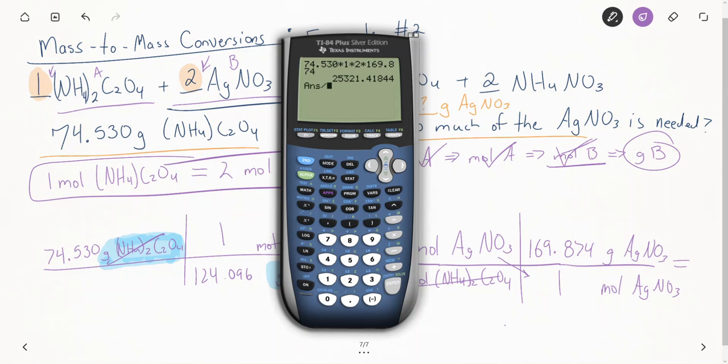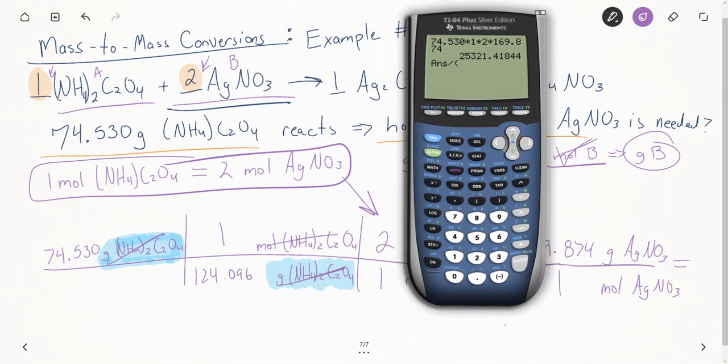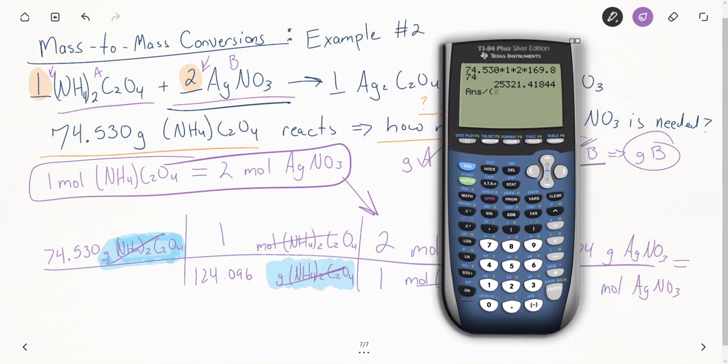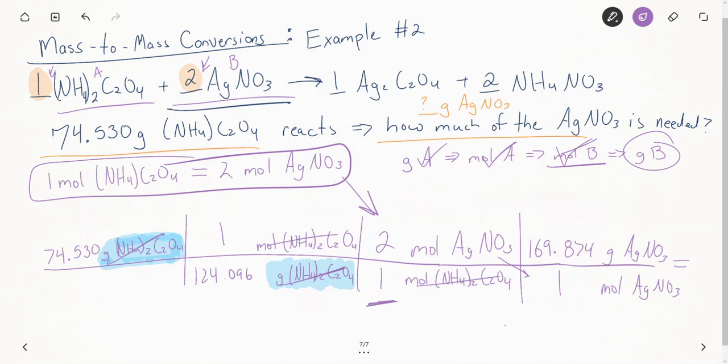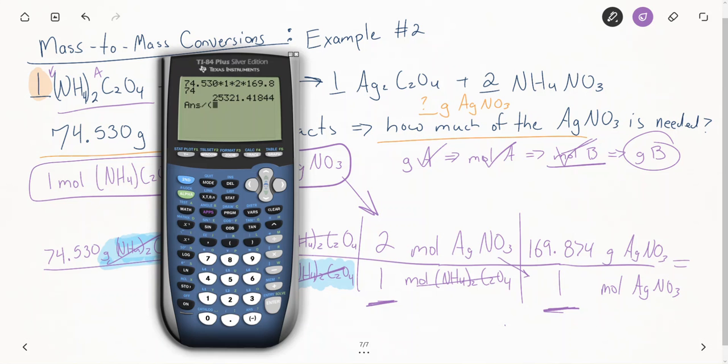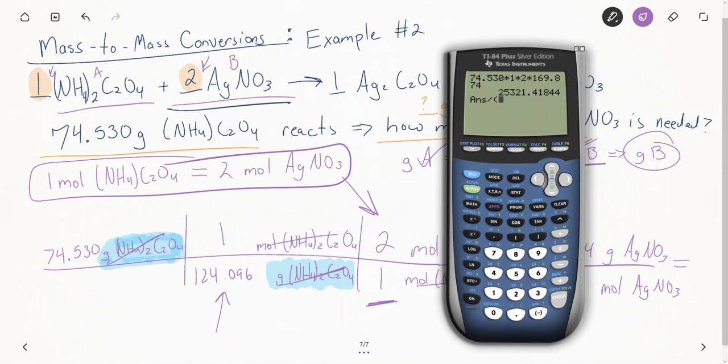Now I need to divide that by everything that is on the bottom. So I look at the bottom here, and because I have 2 values that are 1, really those aren't going to affect anything. So I really need to divide mainly by that number of grams. Divide by 124.096, and close that off.